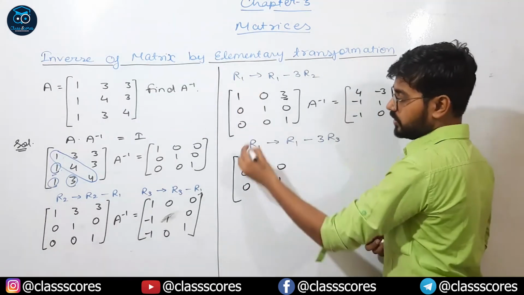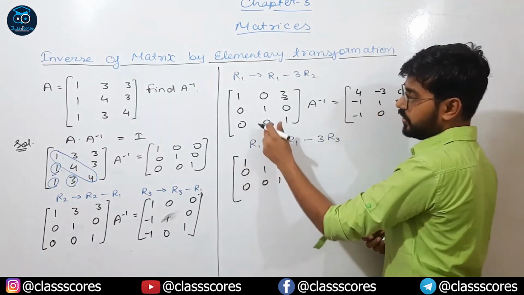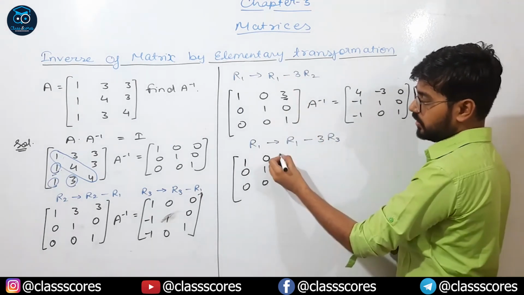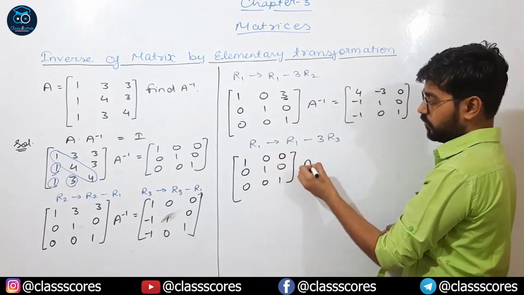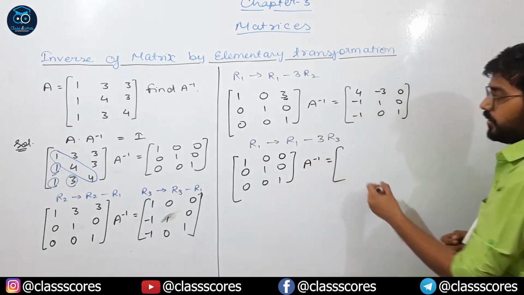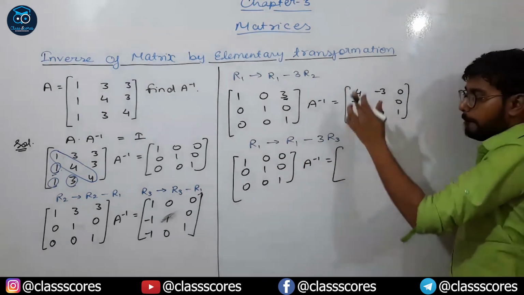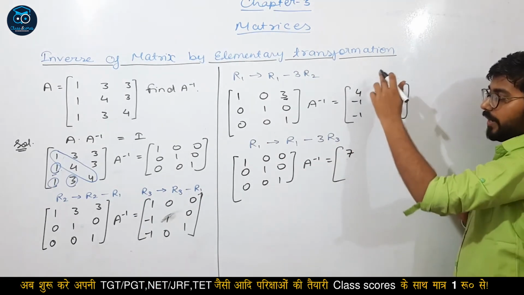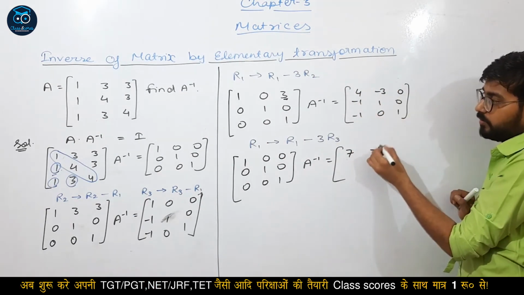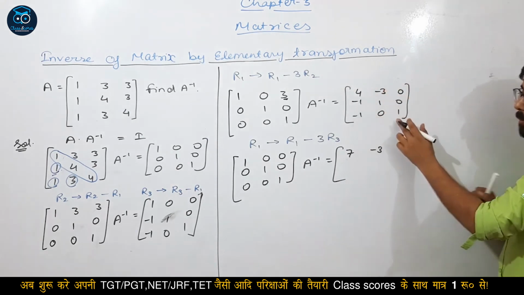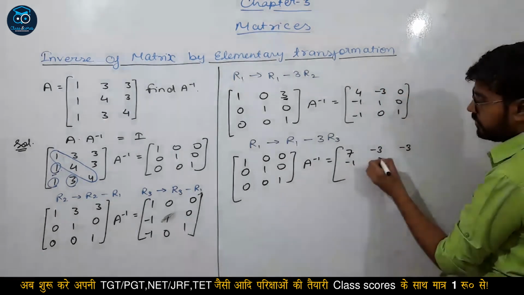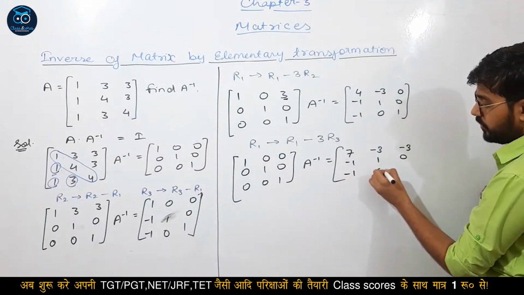Now 0 minus 0, 0 minus 1, sorry, 0 minus 0 is 0, 1 minus 0, 3 minus 3, that is 0. In R1, 4 minus 3, so 4 plus 3 is 7, minus 3 minus 0, that is minus 3, 0 minus 3, that is minus 1, 1, 0, minus 1, 0.